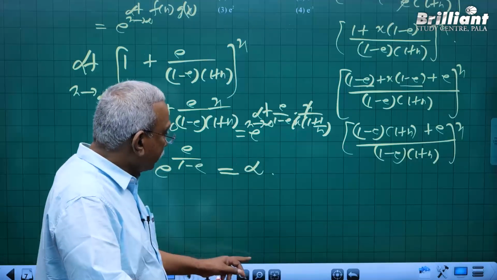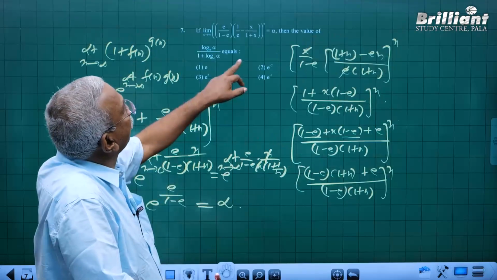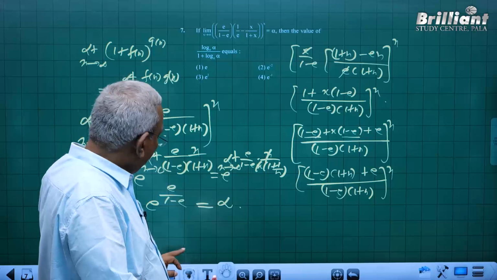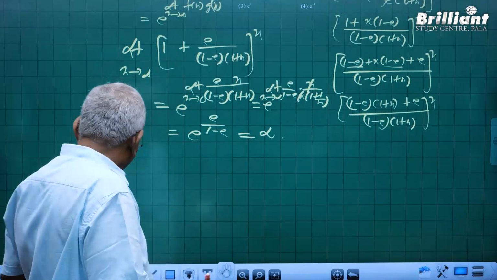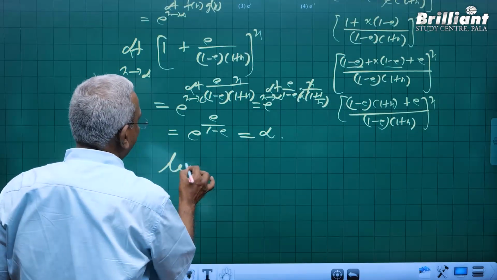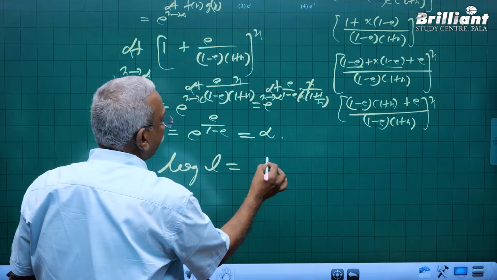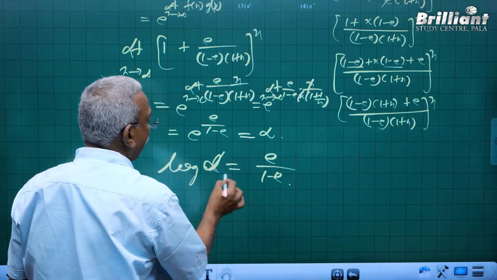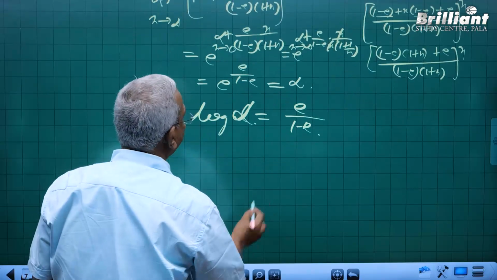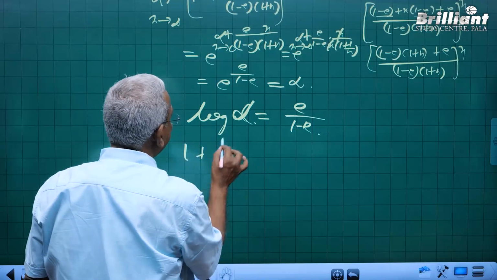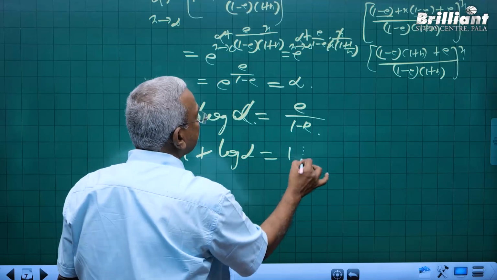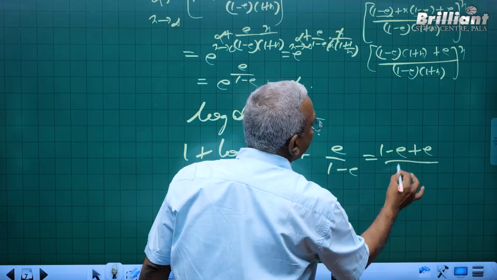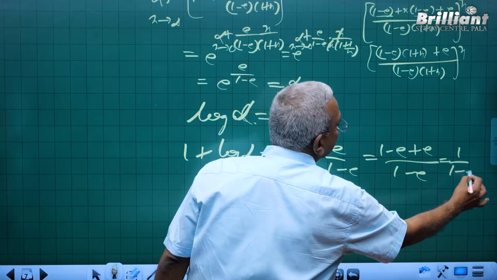And your final answer is required with log alpha. You want to find log alpha to the base e divided by 1 plus log alpha to the base e. That's very simple. What is log alpha? Log alpha is equal to e by 1 minus e. So what is 1 plus log alpha? 1 plus log alpha is equal to 1 plus e by 1 minus e, that is equal to 1 minus e plus e divided by 1 minus e, which will be 1 by 1 minus e.